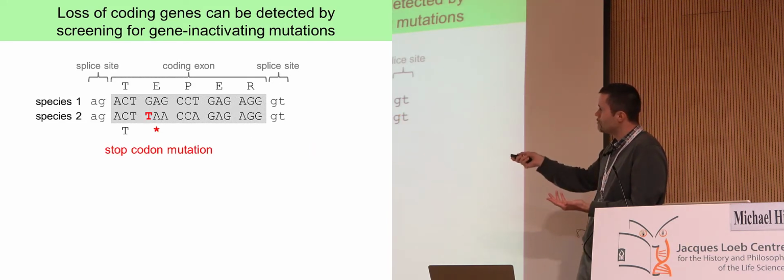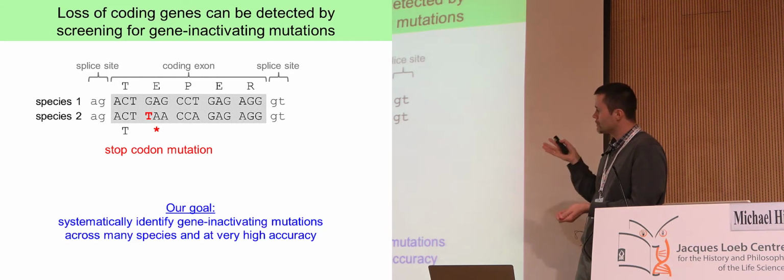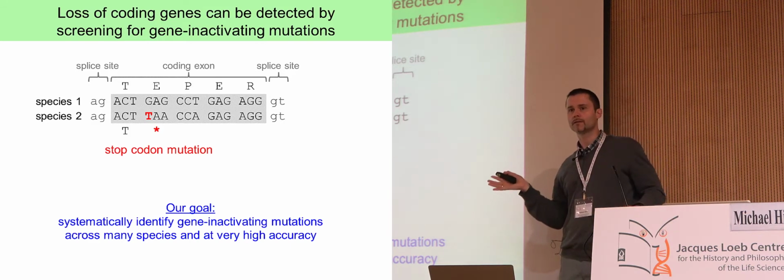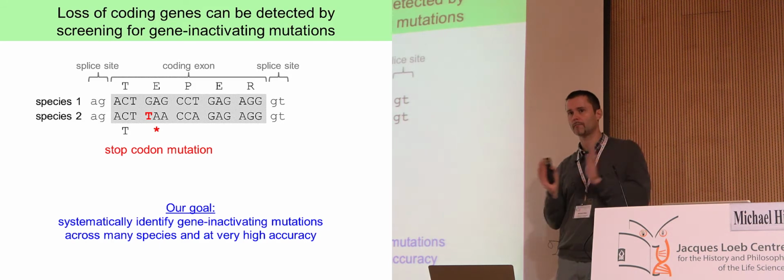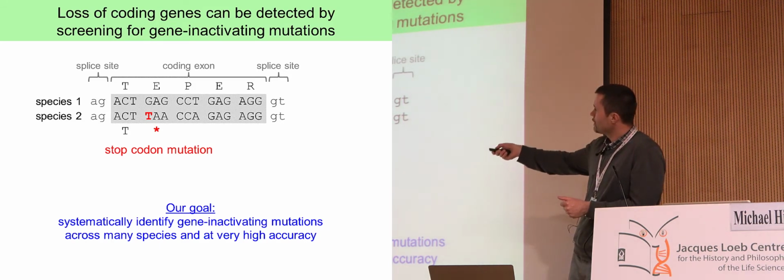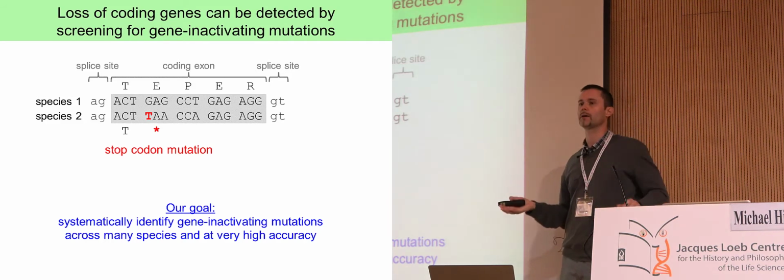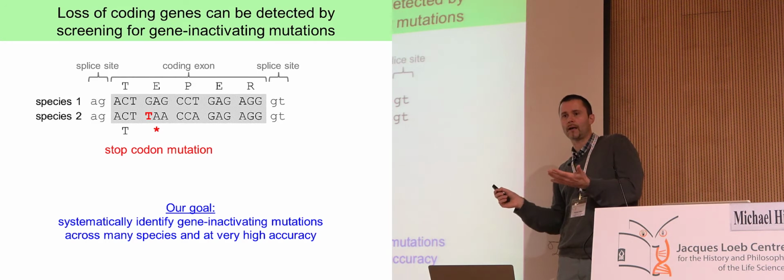And of course, base changes that create an in-frame stop codon, right? So our goal was to systematically identify these mutations across many mammals, and we had to do so at a very high accuracy. If you look at this toy example, this probably appears like a straightforward problem, right? Because given such an alignment, we can all do this by hand.